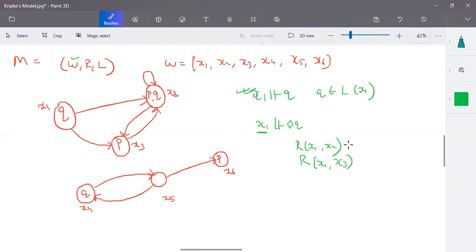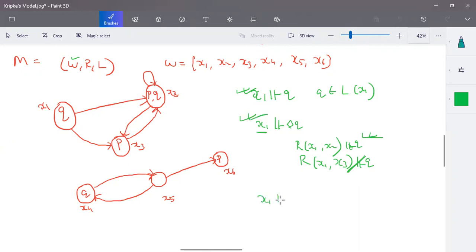If at least one consists of Q, you can write like this. So R of X1 to X2. In X2, do you have Q? Yeah, it is there. In X3, we don't have Q. This is not satisfied, but if at least one criterion is satisfied, then it is a valid formula.